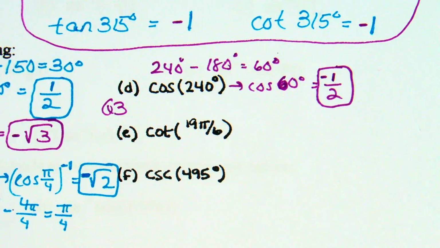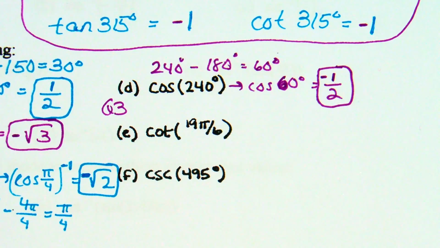Okay, so since we're talking about 6, I'm going to put my pi and 2 pi in terms of 6, right? 1 pi is 6 pi over 6. 2 pi is 12 pi over 6. Now, that means 19 pi over 6 is bigger than 2 pi. So it's bigger than once around the circle.